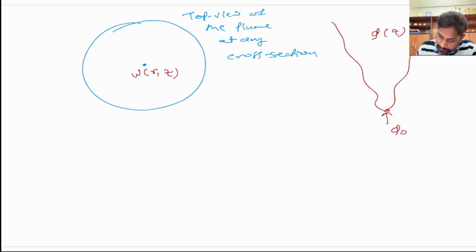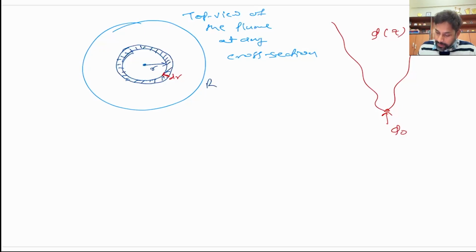We will consider a small element, where this is r and here it is dr. Okay, and we assume this is the plume radius capital R, and here we have w, which is a function of r and z.